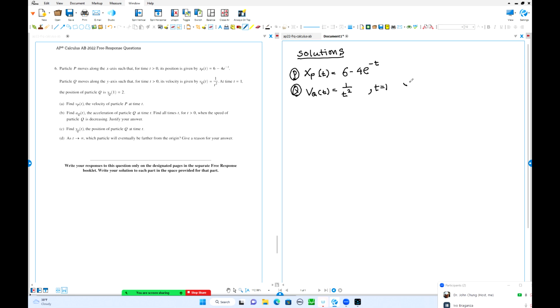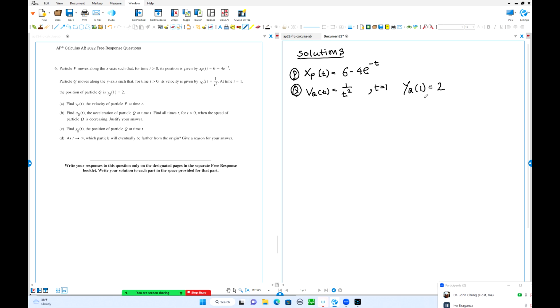For position, I'm going to use y for particle Q, the other one is x. So y_Q, when time t is 1, the particle is now at a value of 2. That's the given.